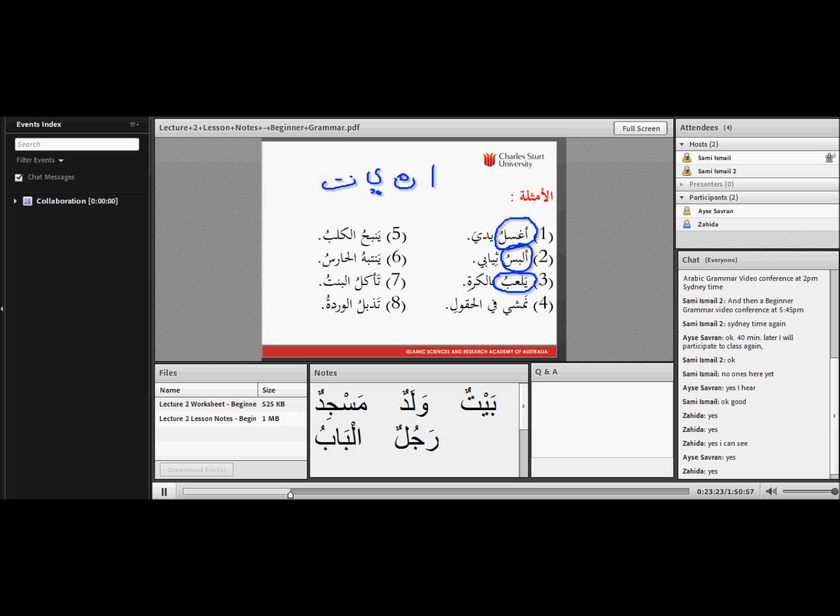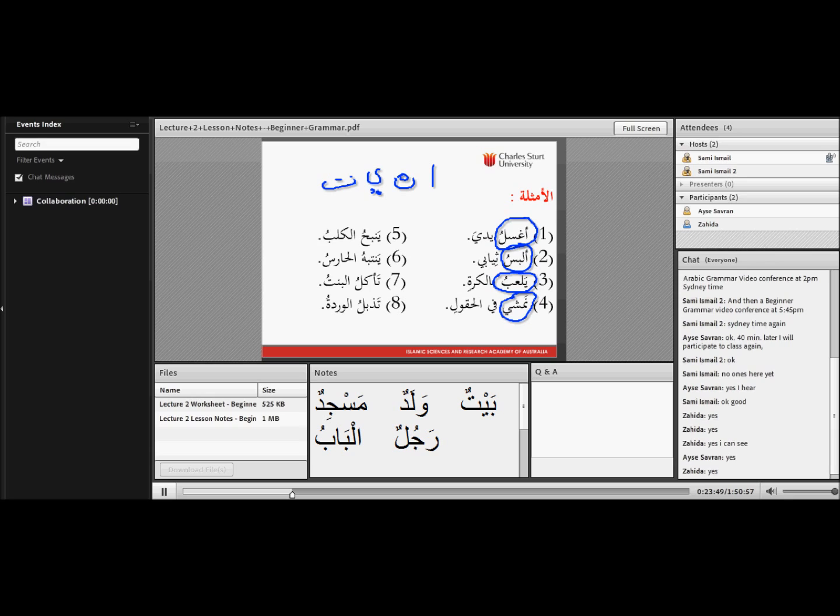The fourth one, number 4, namshi fil huquli. So once again, namshi is a fi'al mudari, meaning we walk, or we are walking. And it starts with a what? Starts with a letter nun. So exactly like we said so far. Alif, here's the alif. Ya, here's the ya.